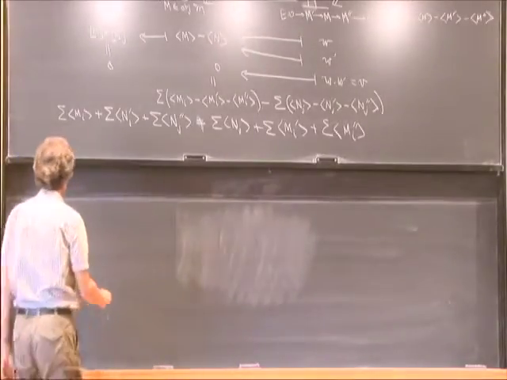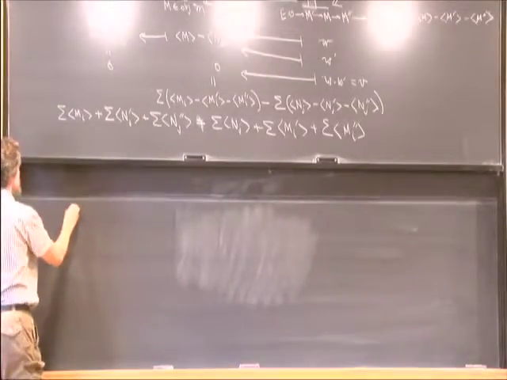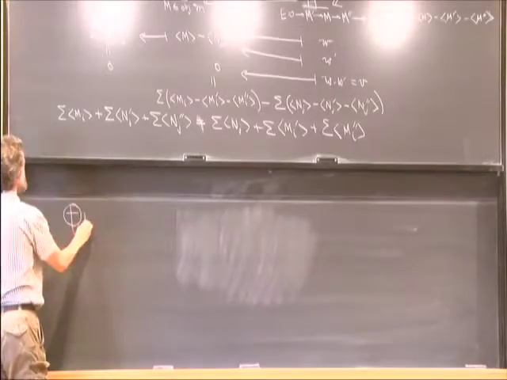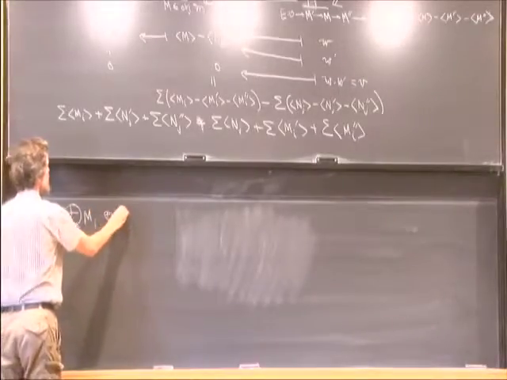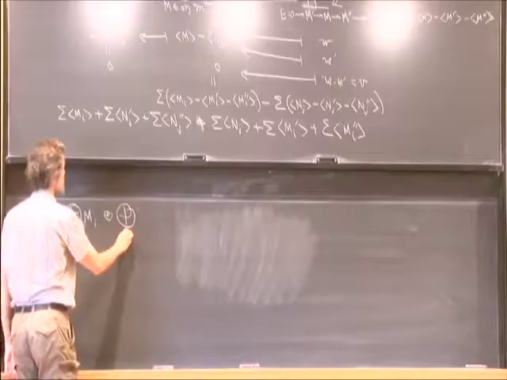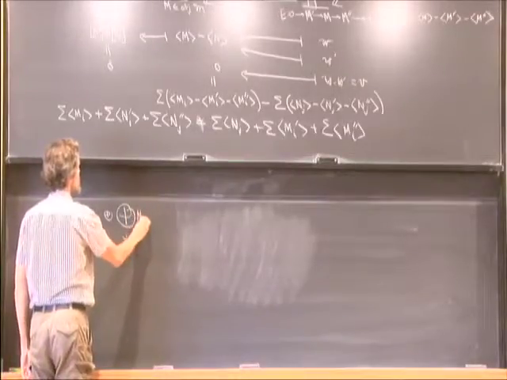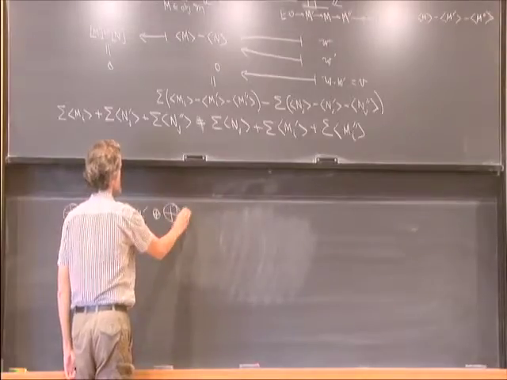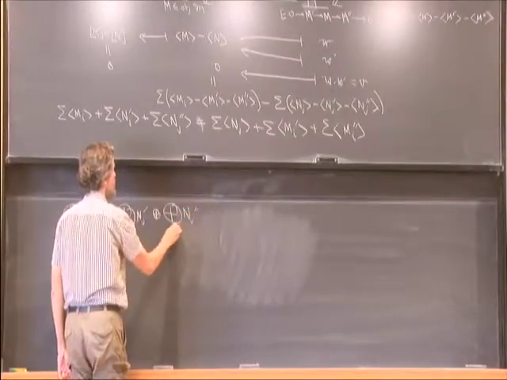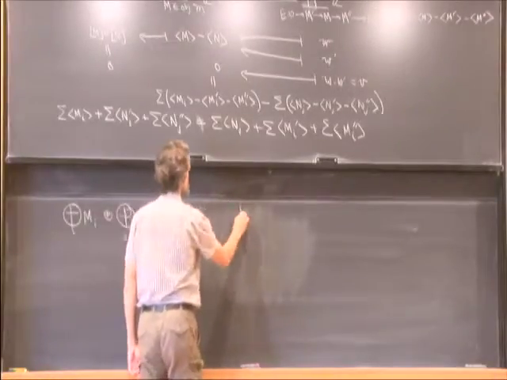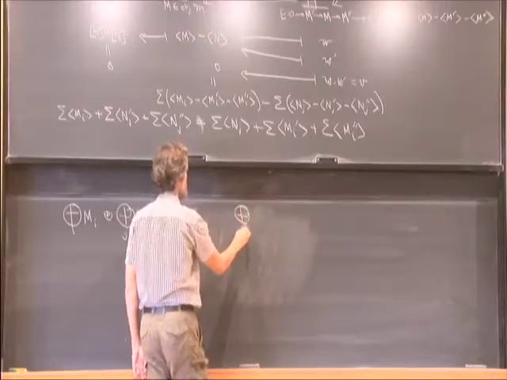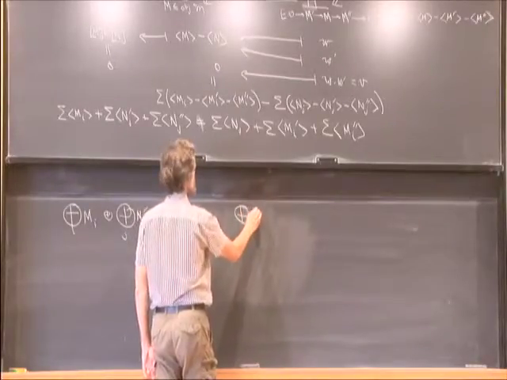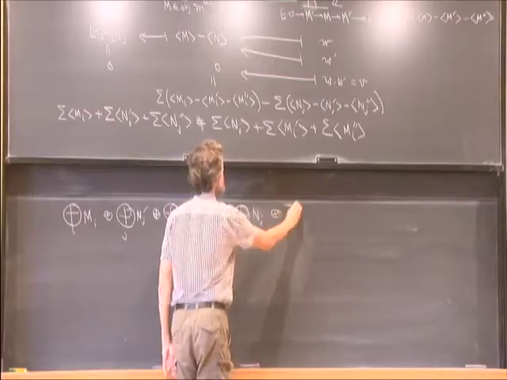So if we write down the corresponding direct sum, the two direct sums on both sides.